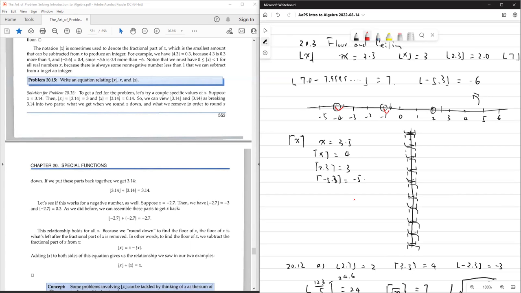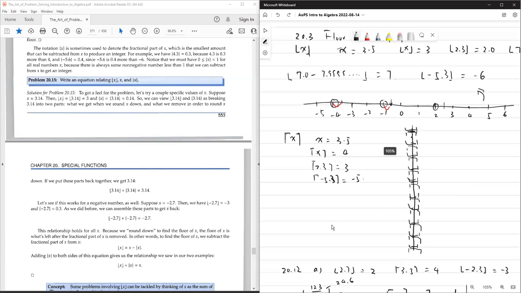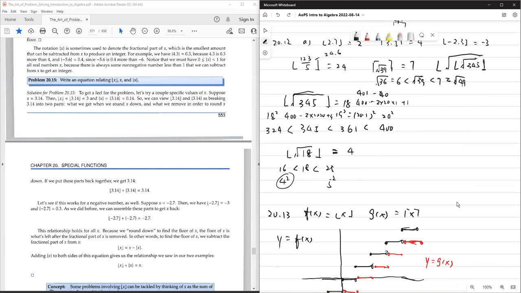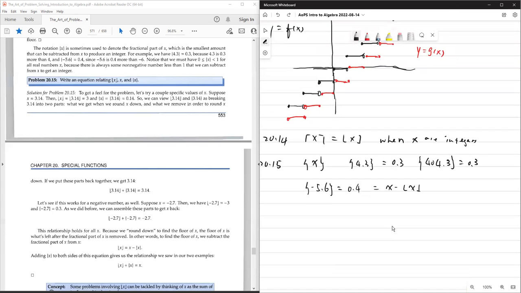So when it's a negative number, for example, negative 5.6 minus the floor, negative 6, gives you 0.4.